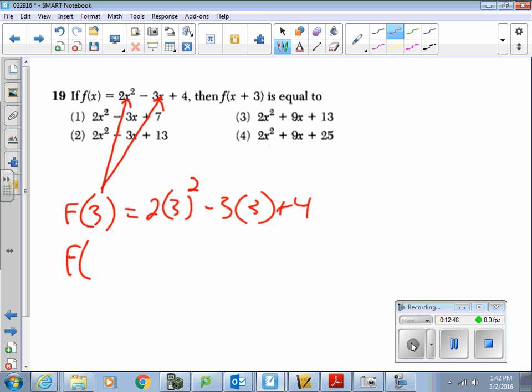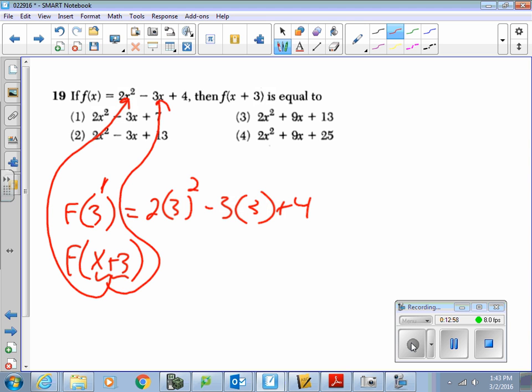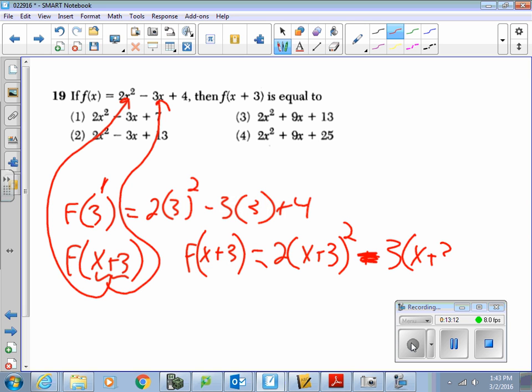So for f of x plus 3, you take the entire x plus 3 and plug in the whole thing here. So f of x plus 3 equals 2 times x plus 3 squared minus 3 times x plus 3 plus 4.